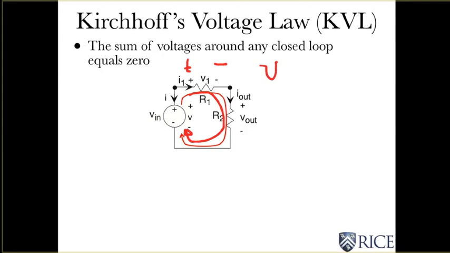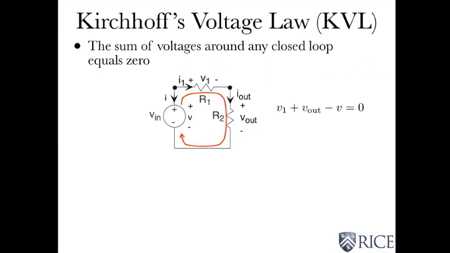So I'm going to bring in V1 with a plus sign, V out with a plus sign. But over here, V is defined minus to plus, so I have to bring it in with a minus sign. And that's my KVL equation.